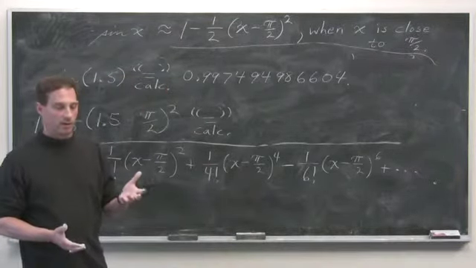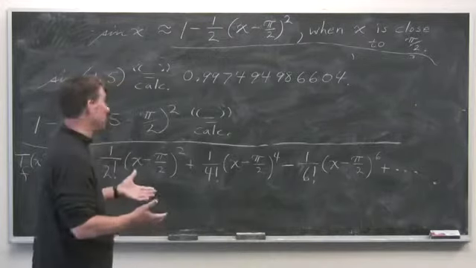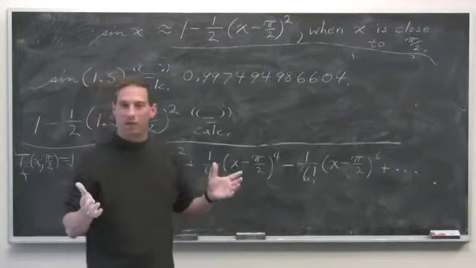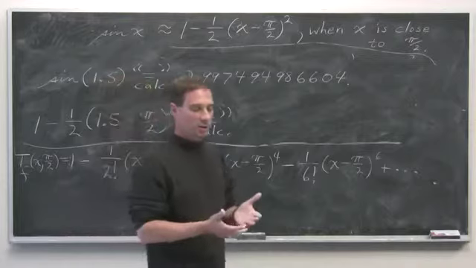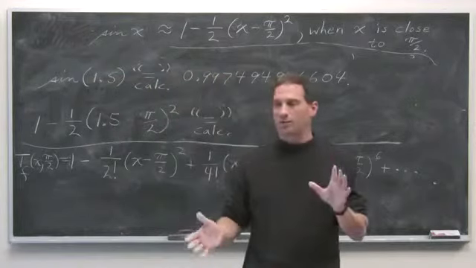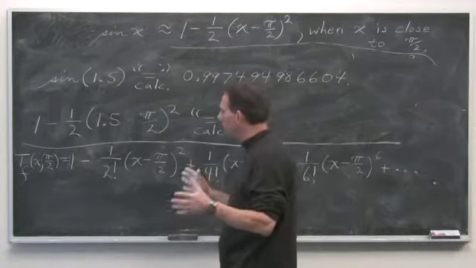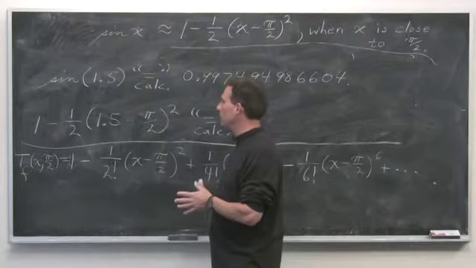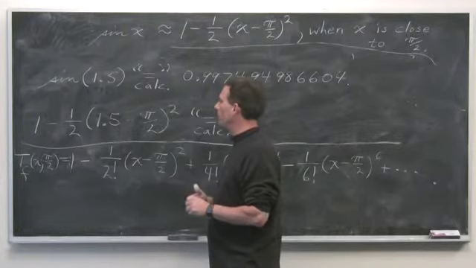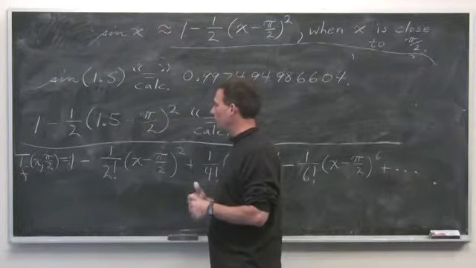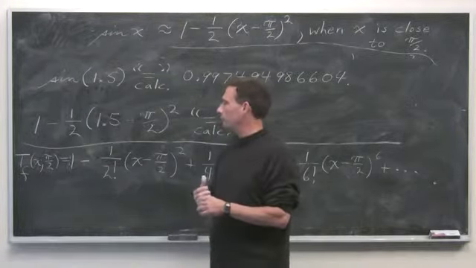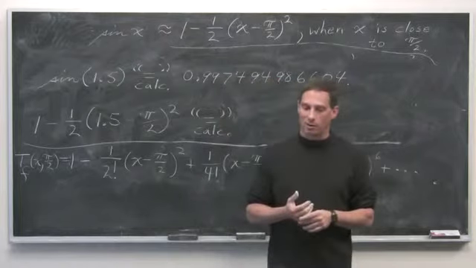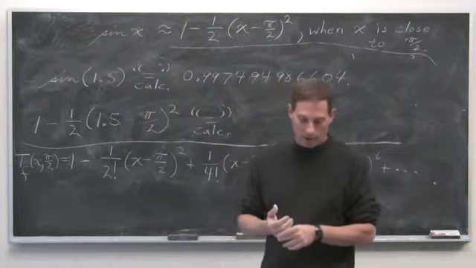Maybe you know that pi is like 3.1415, but how many places do you need to know it to? Anyway, I'm just saying it's of questionable value to approximate this by a polynomial centered at pi over 2 if your whole goal is to approximate well without using your calculator.